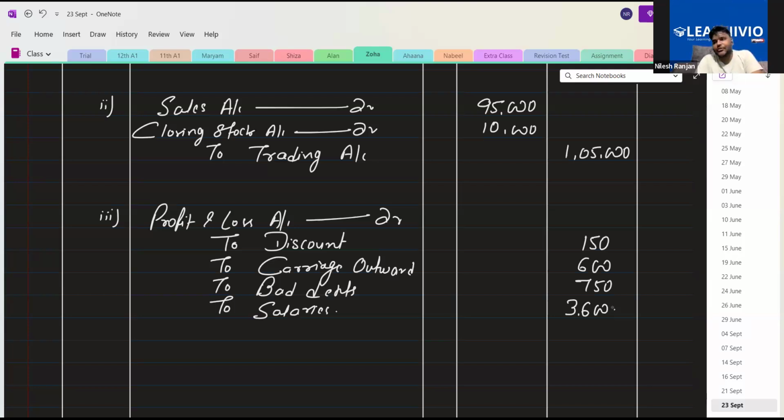So purchase is written in trading account, and carriage inward means you have purchased goods and you are paying transportation expenses for purchase. So that's why it will go to trading account along with purchase. And at the time of sales, you will pay what is called carriage outward. It means the item is going outward, and on that we are paying carriage. So that is related to sales, and that is an indirect expense. So that's why it is in profit and loss.